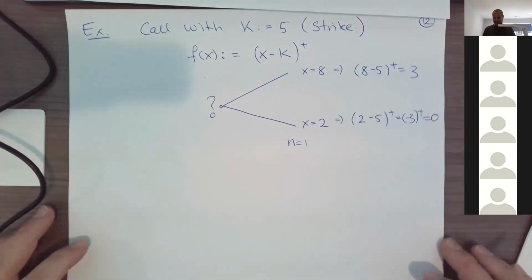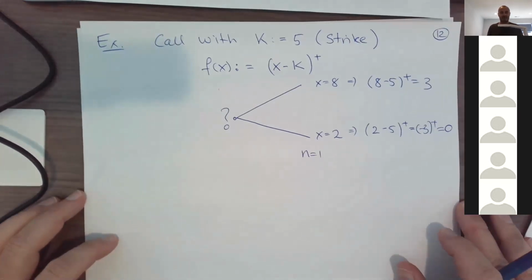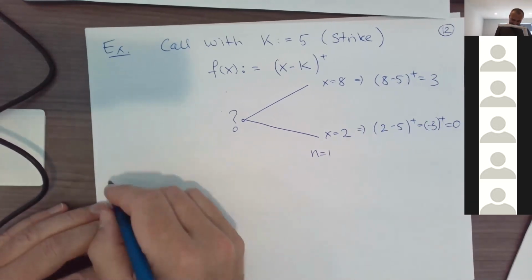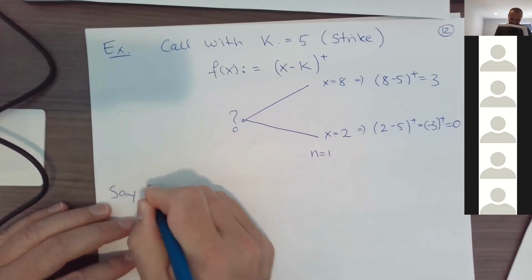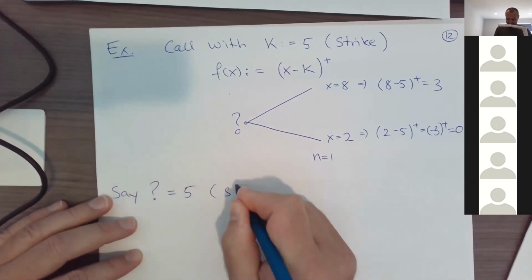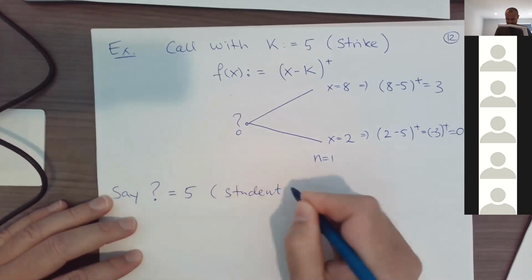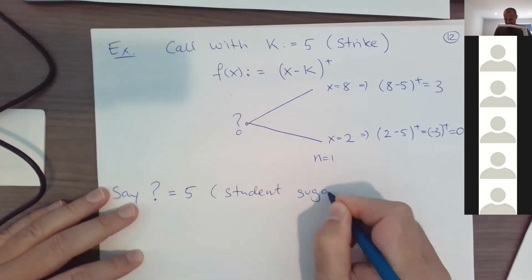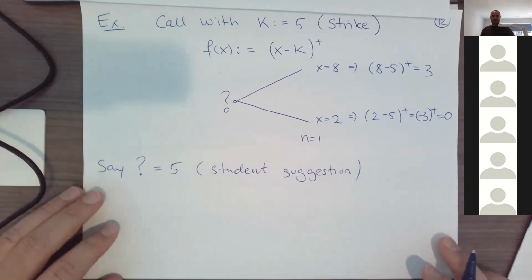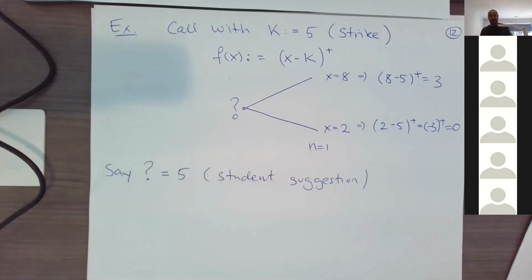Okay, so let's go with this one. Say the question mark is 5. This is the student suggestion. Say it's $5.